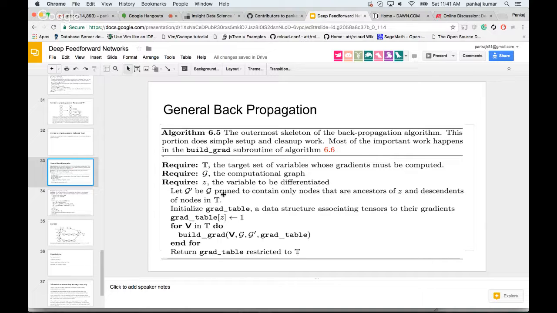Okay, so what is V? I think I left out something that is there in the book. I don't see what V is.